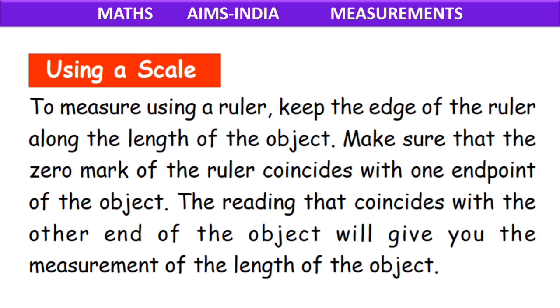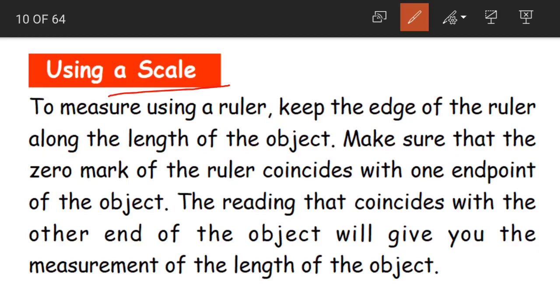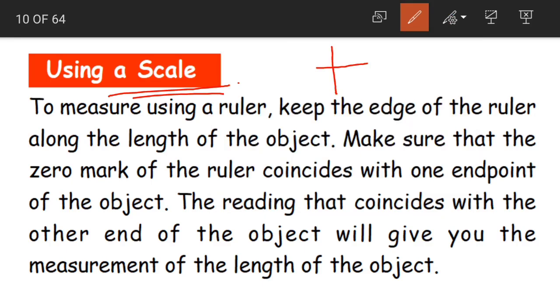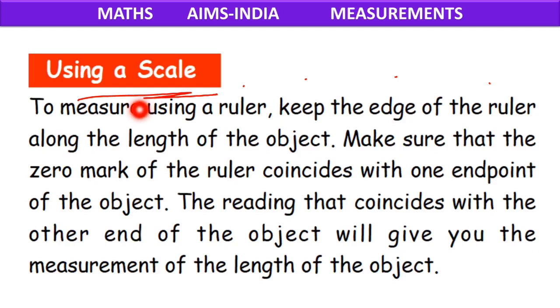Now using a scale. How do we use a scale to measure? Till now you might have used a scale only to draw lines. Yes, children, only to draw lines. But let us learn how to use a scale for measuring purposes. To measure using a ruler, keep the edge of the ruler along the length of the object.